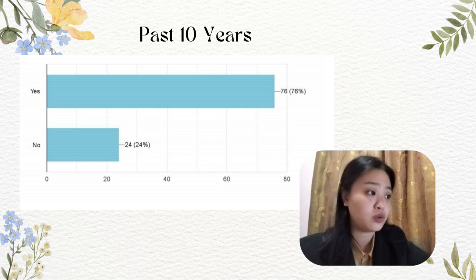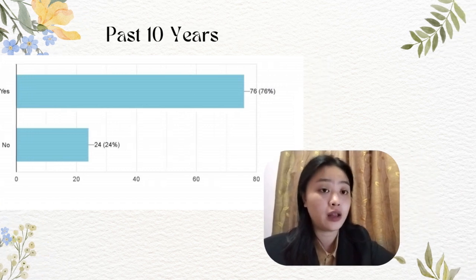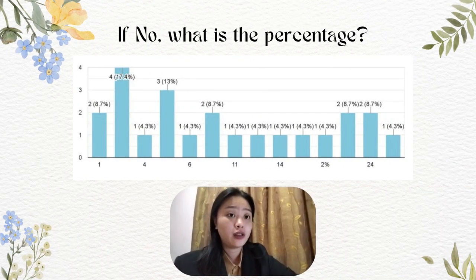We move on to question number 13. So let's take a look at these bar charts for question number 13. The lowest one marks with 4.3 percentage. And then the last one will be 17.4 percentage.